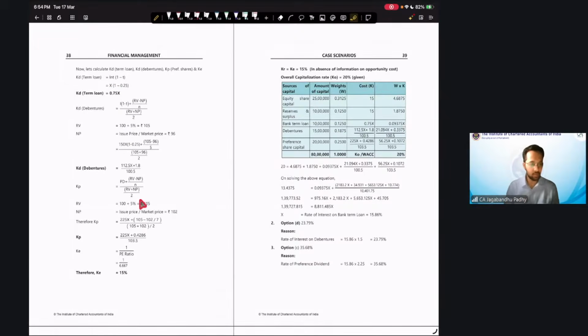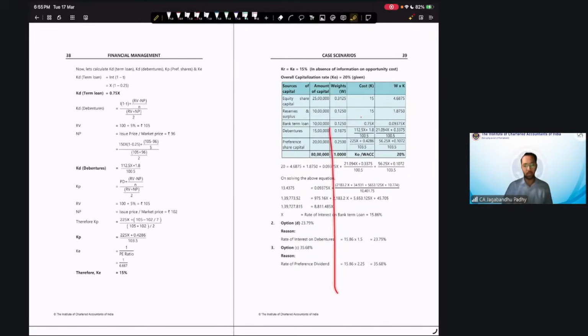Debentures is going to be this number, cost of debentures 112.5x plus 1.8 divided by 100.5, and same goes for the preference. If you have the cost stated over here in terms of x, and then we do the weighted average, that weighted average is going to be definitely equal to 20%. So you solve this equation and get the value of x. So that's the rate of interest on the term loan.